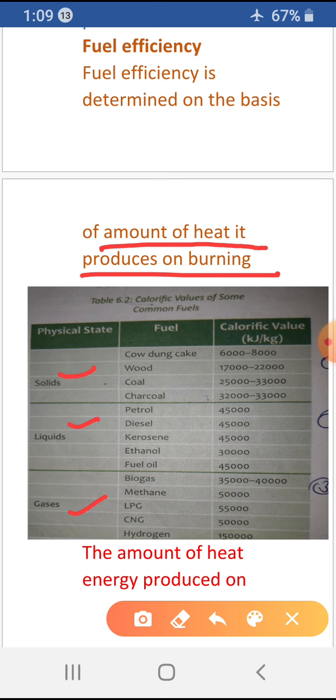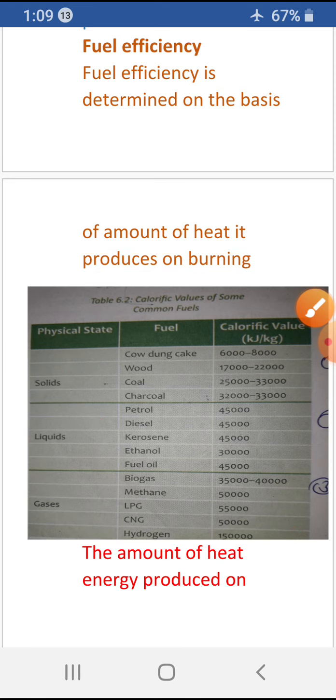These are the examples of these three types of fuels along with their calorific values. You can see hydrogen has the maximum calorific value in case of gaseous fuel, so it is a more efficient fuel. So this is how we can guess which fuel is efficient.